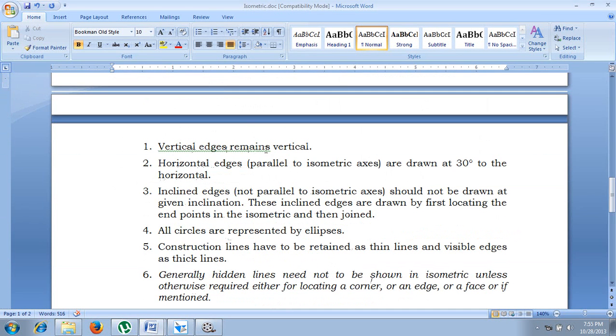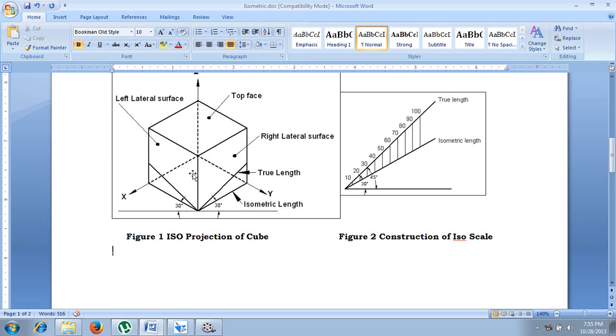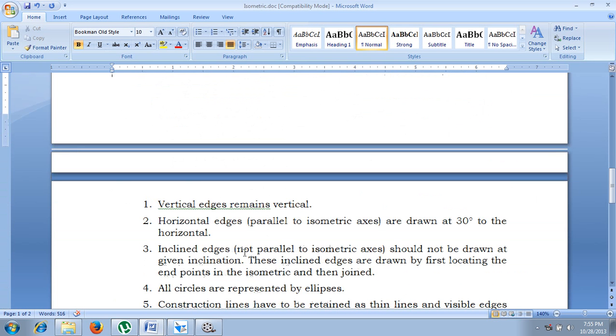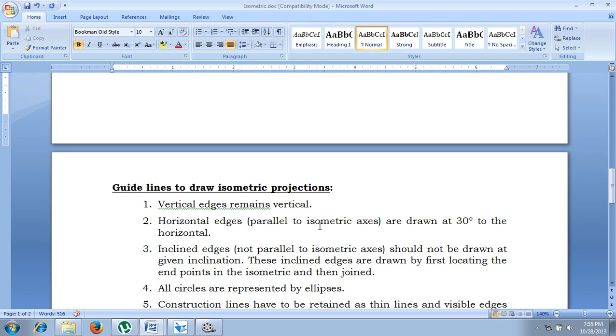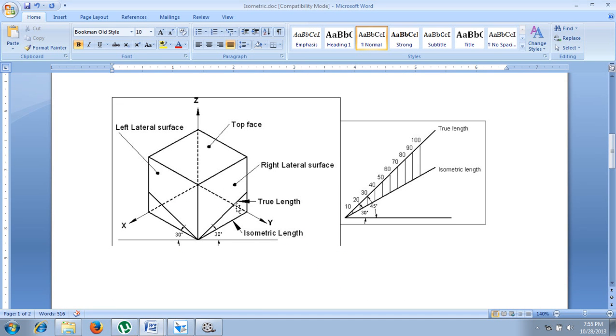All the vertical edges remain vertical always. Now you can see 1, 2, 3, 4 vertical edges remain vertical. And the second important point states that the horizontal edges which are parallel to isometric axis are drawn at 30 degree to the horizontal, which are 1, 2, 3, 4, 5, 6, 7, 8.